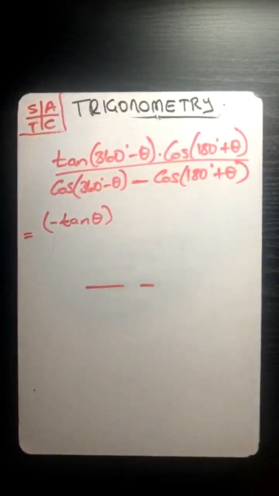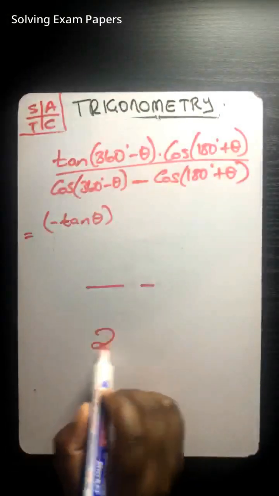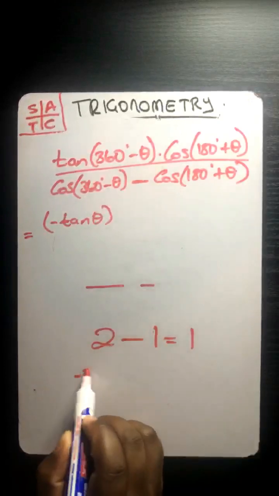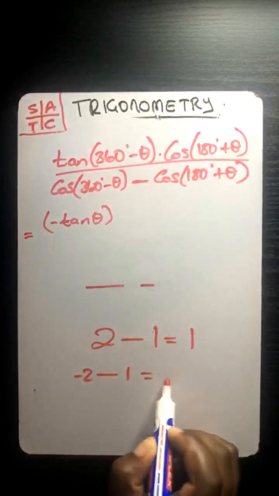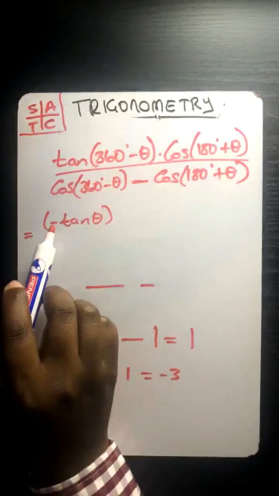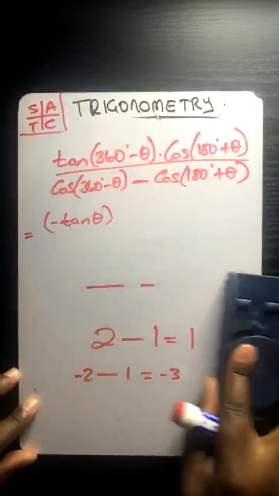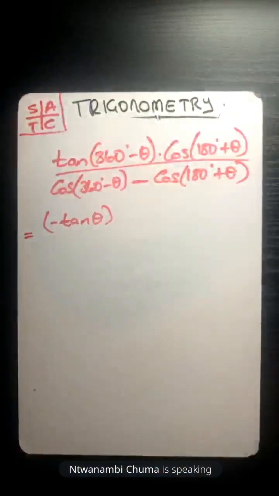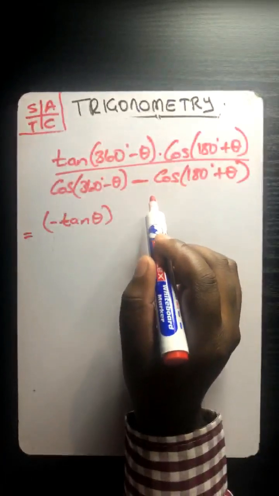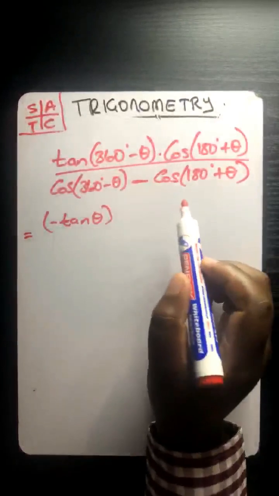Yes, sir. So this is 2 minus 1 is equals to 1. But this is negative 2 minus 1 is equals to negative 3. So that means this is negative tan angle. Mathematically. Yes, just so that we don't forget that we are having a negative and not a minus. Okay, let's continue.